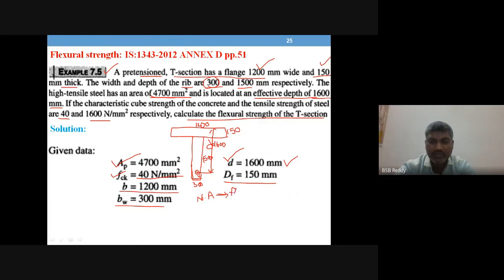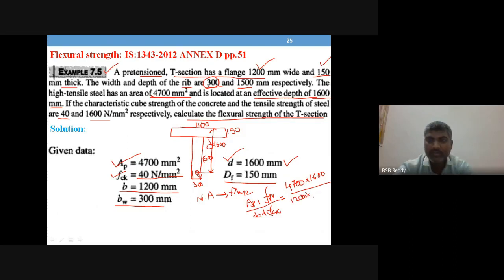Then calculate AP times FPU divided by B D FCK. So this is AP, which is 4700, into FP, the stress in steel, 1600, divided by B, 1200.